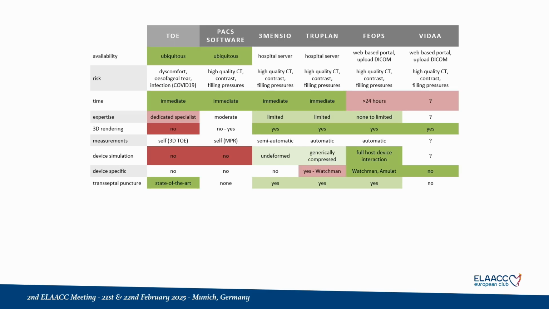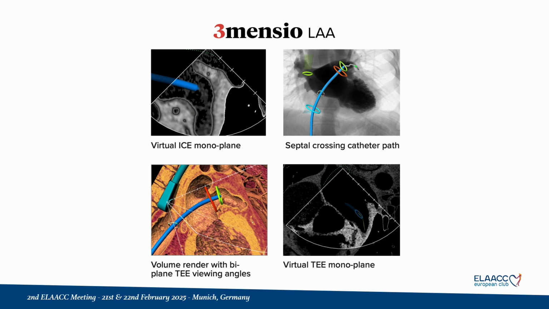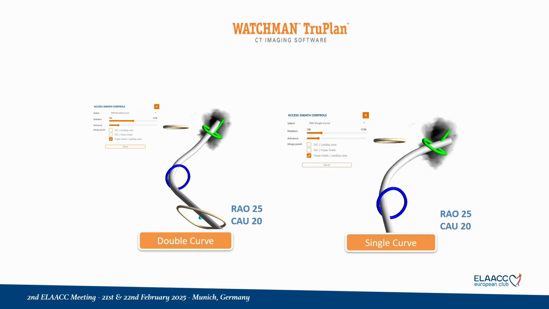You have some additional features on the software, the transeptal puncture. Well, TOE remains the state of the art, but Trimencio will also give you some advice where to puncture. They will do an overlay of the delivery catheter. I don't know if that's very useful.